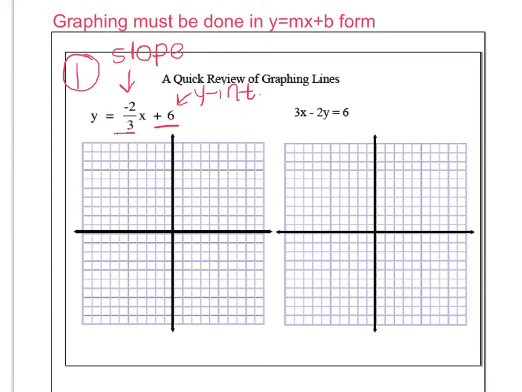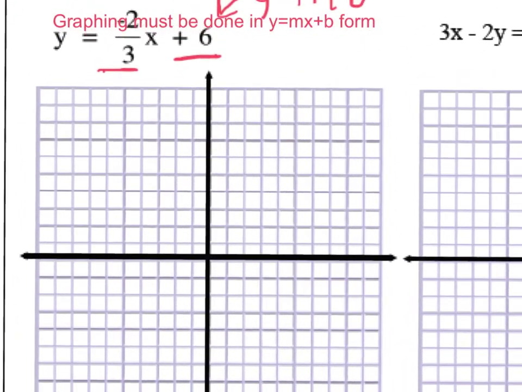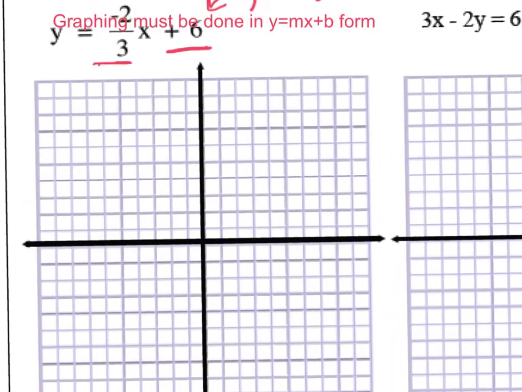So if you look at your y-axis, I'm going to zoom in a little bit. I've got to go to plus 6 in order to graph my y-intercept. So I'm going to go up from the origin, 1, 2, 3, 4, 5, 6, and I'm going to make my mark.